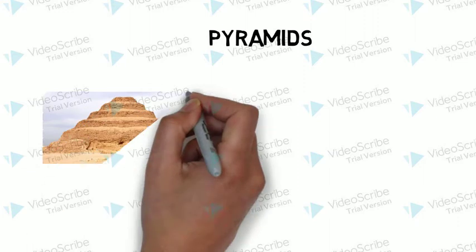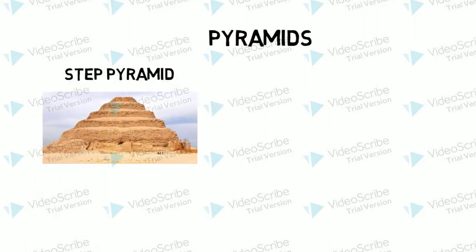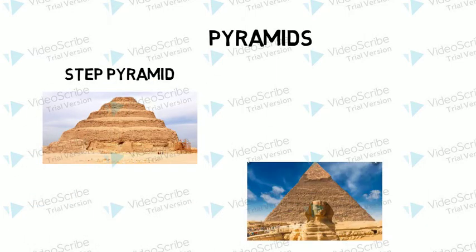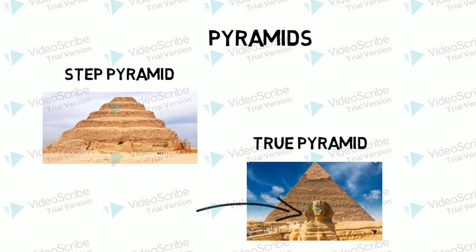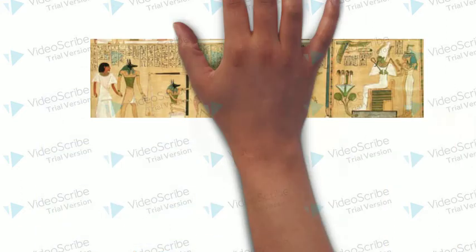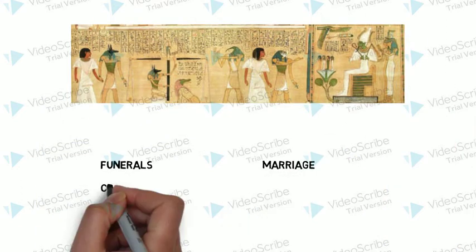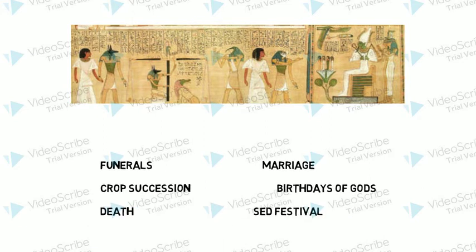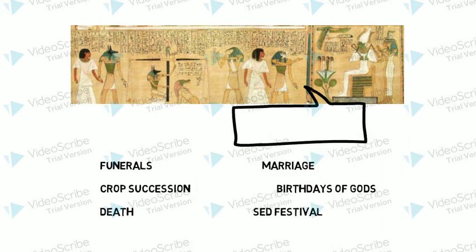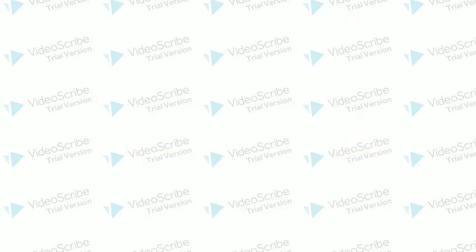One of the earliest ones is the step pyramids, and another one is the true pyramids. So they did lots of ceremonies for funerals, marriage, crop succession, afterlife, birthdays of gods, and the Set festival, which celebrates the rule of the king and wishes for longer ruling.